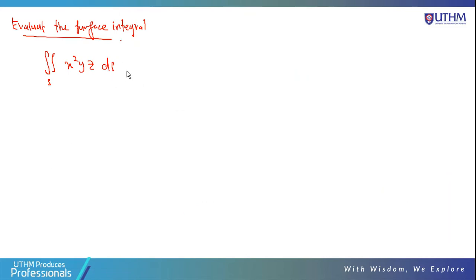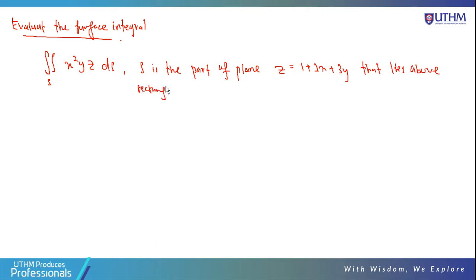Where S is the part of the plane z equals 1 plus 2x plus 3y that lies above the rectangle 0 to 3 and 0 to 2.